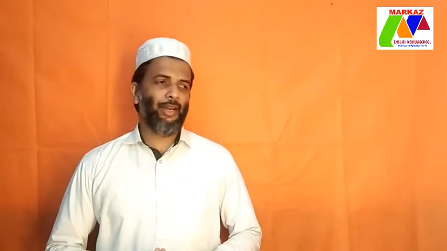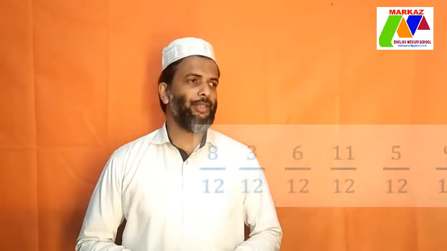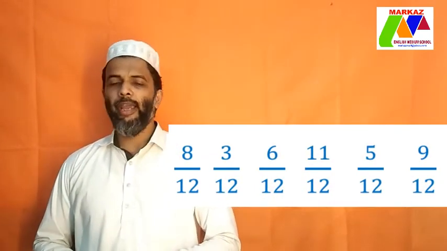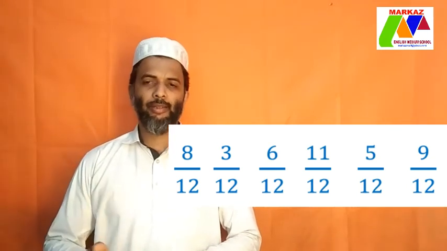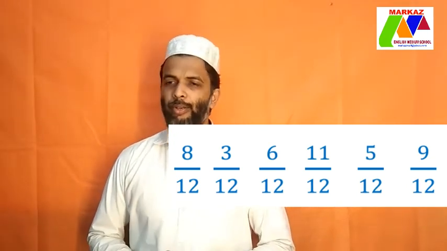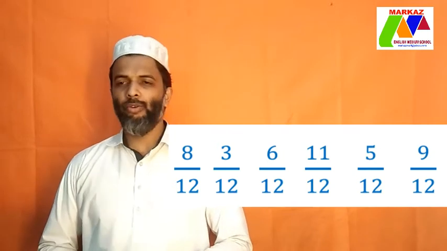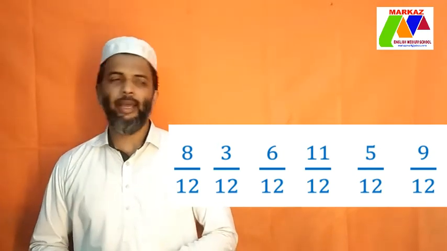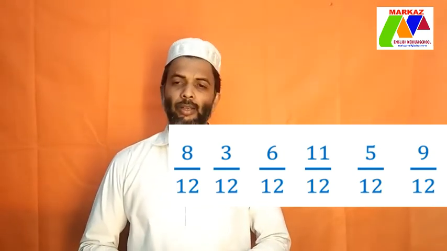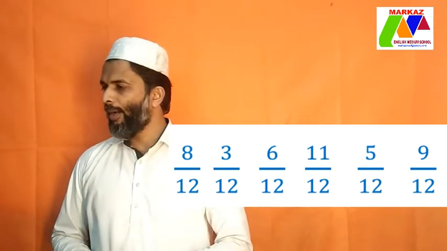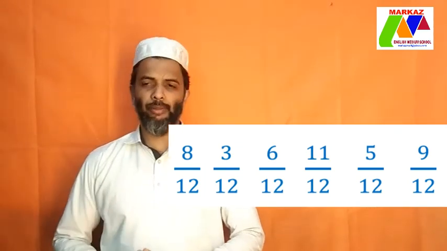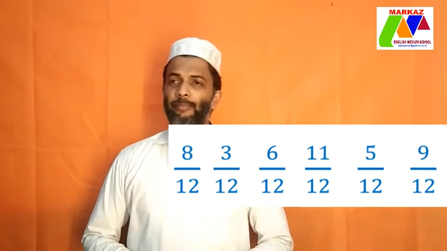Let us arrange fractions in descending order. Write question. Arrange in descending order: 8 by 12, 3 by 12, 6 by 12, 11 by 12, 5 by 12, 9 by 12. Descending order means bigger number to smaller number. Remember our formula?